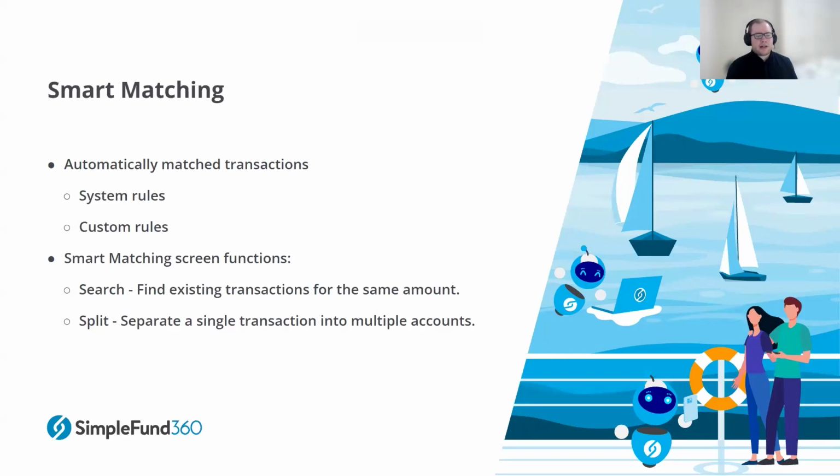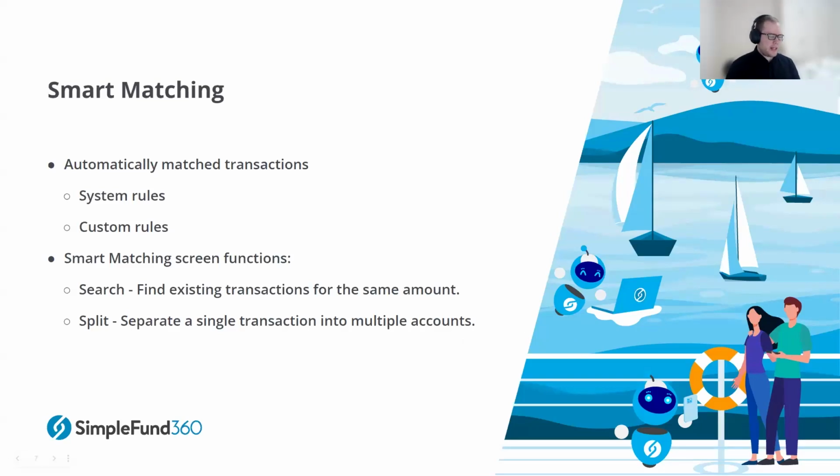I'll talk to you about rules created by the system to automatically match these together, as well as the ability to make your own custom rules. And then we also have a couple of smart matching screen functions that I'd like to go through today. We don't have a lot of time, so I can't cover absolutely everything on the screen. However, these are some of the key features that I would recommend using to improve the speed of your processing in funds.